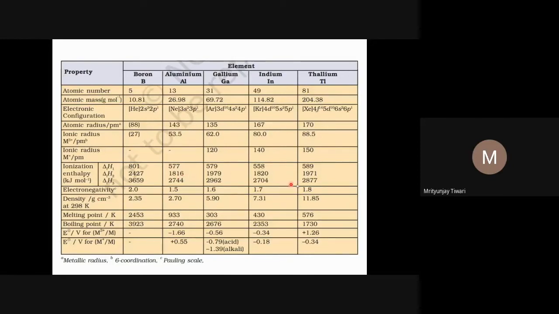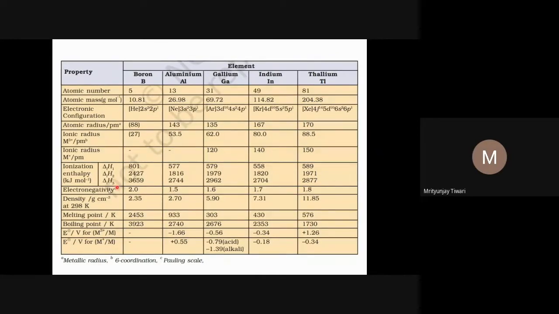For the other elements the values are smaller, and that much energy can be compensated by the hydration energy if the ion is in aqueous solution, or the lattice energy. However, for boron these values are not compensated by the hydration or lattice energy, and so boron doesn't form a plus 3 ion.